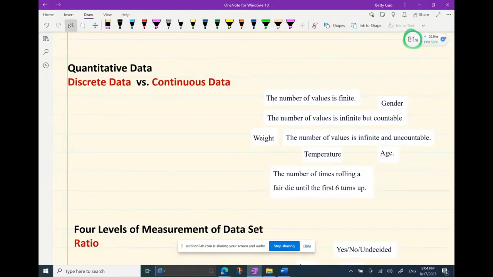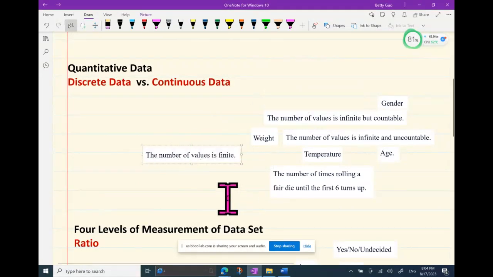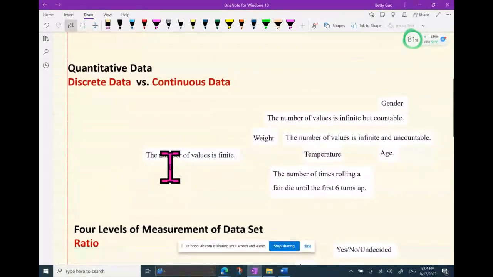Let's try to guess. This one says the number of values is finite. So I will introduce the concept of a random variable. We can use a random variable to represent the data you're collecting.